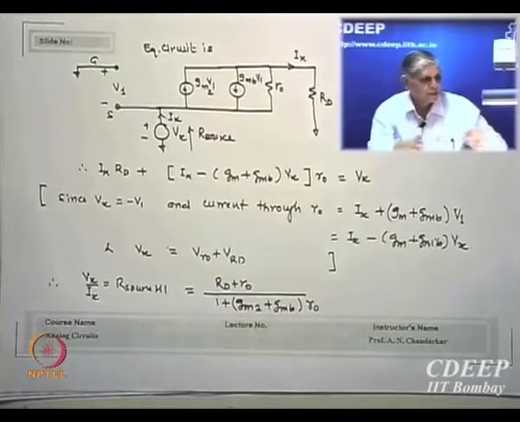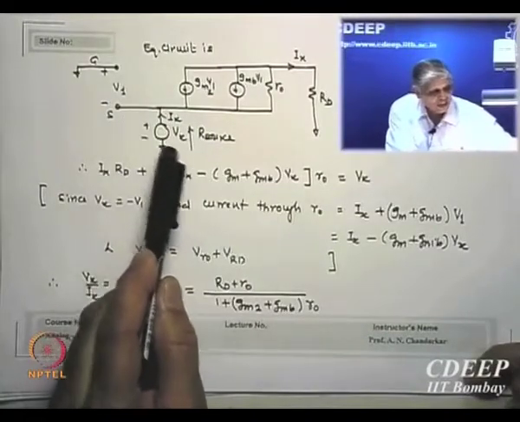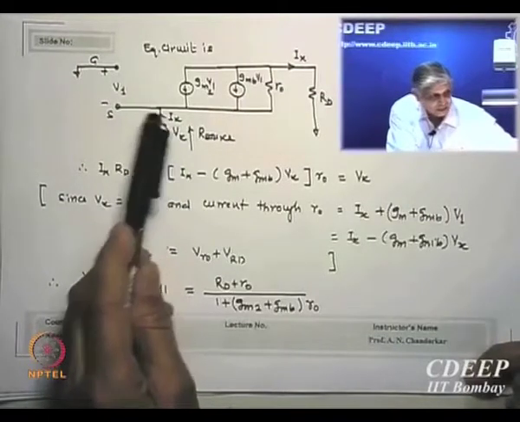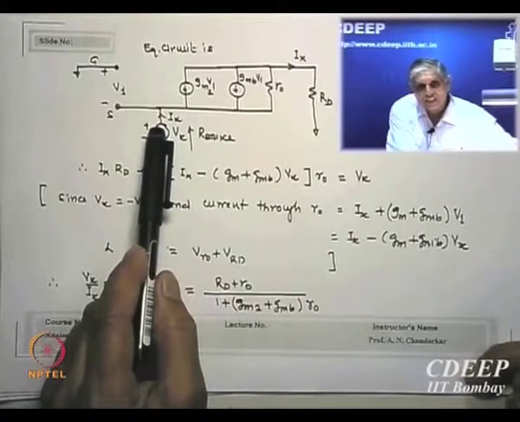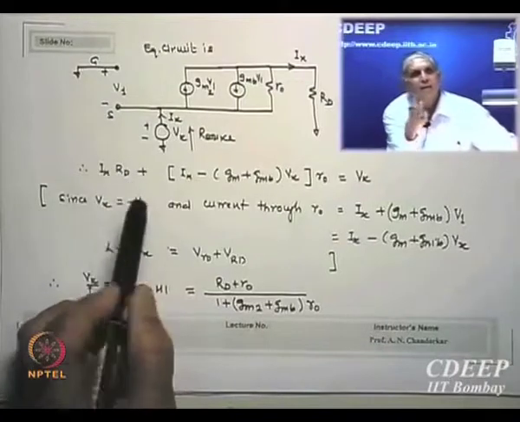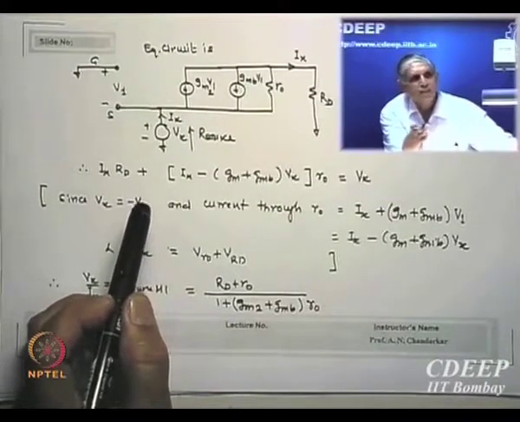Is that clear? So now I apply a potential Vx at the source, and say Ix is the current entering here. How do I find resistances? I apply a voltage source and find the current flowing out of it.